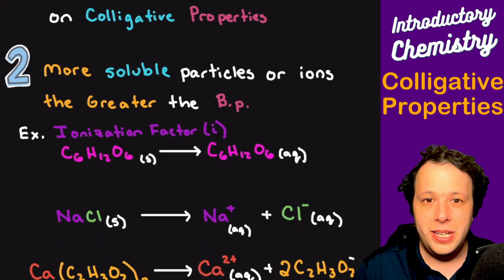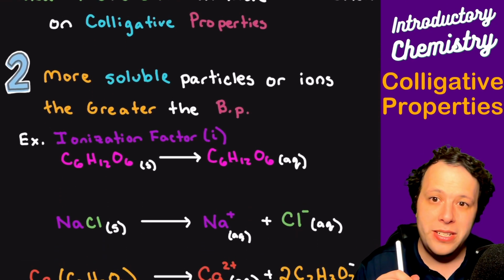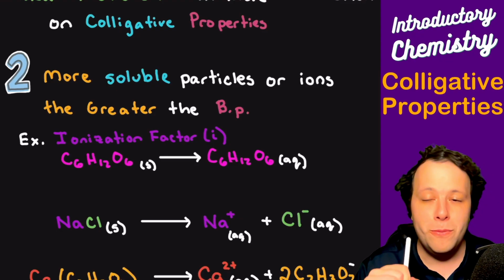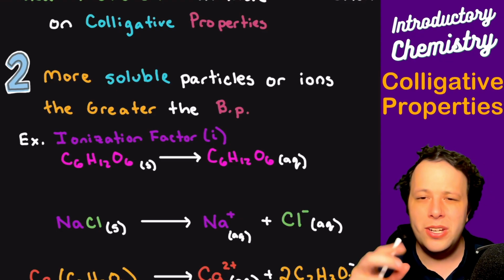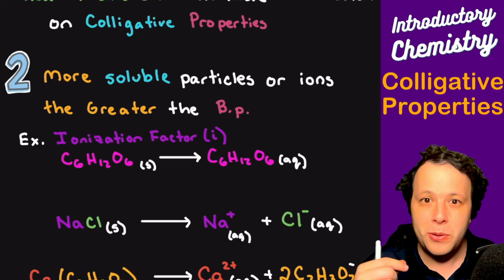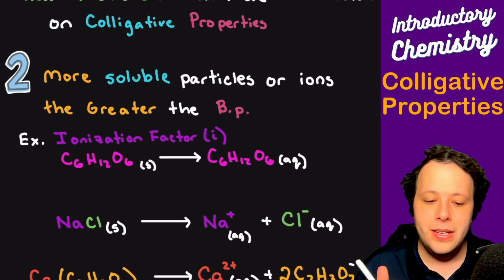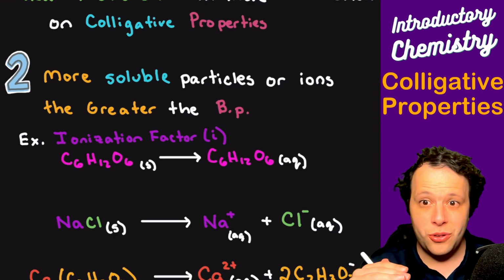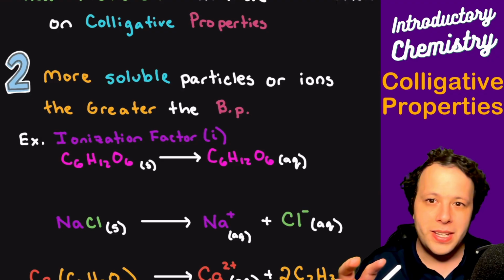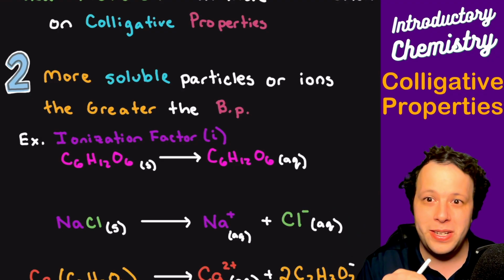I have a couple here, and what you need to do is count how many different particles or ions are formed when it is soluble. So is understanding electrolytes, which, if you need a review on that, go back to my other video on electrolytes.